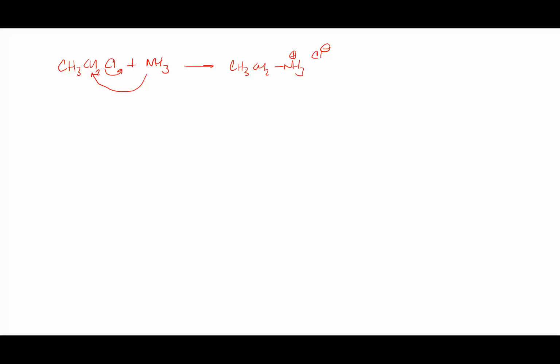The interesting thing about amines is when you try to synthesize them by SN2 reactions, you're always going to make the ammonium, because there's nothing to take away the H plus from the ammonium.